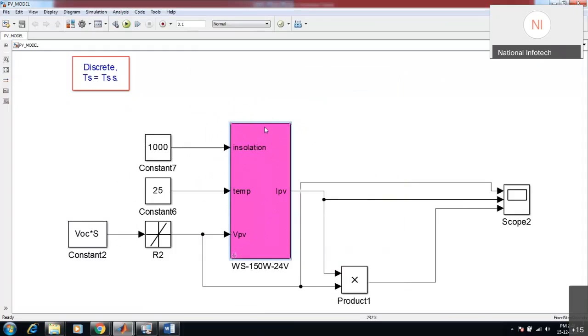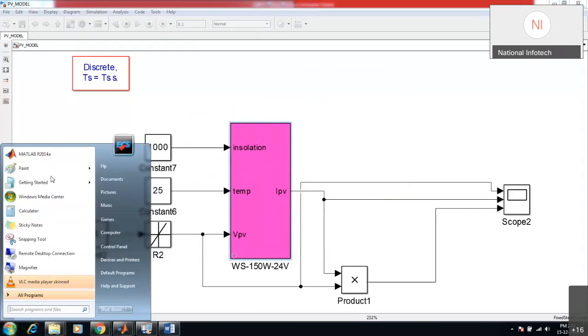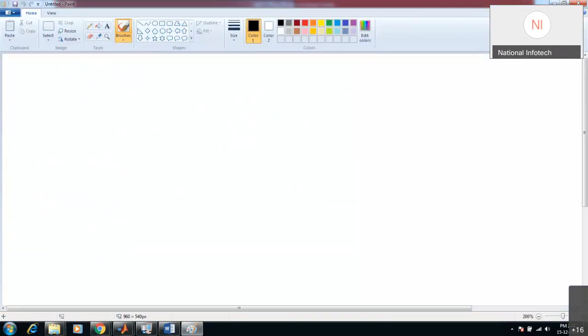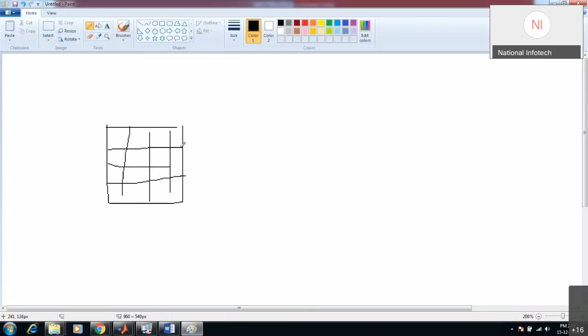As you know, in the solar connection, let's say this is your solar panel and you attach some variable resistor here.